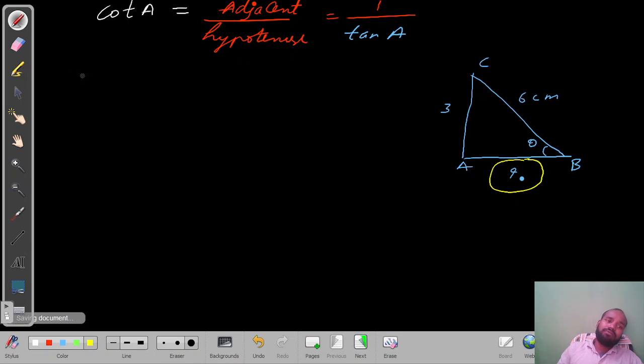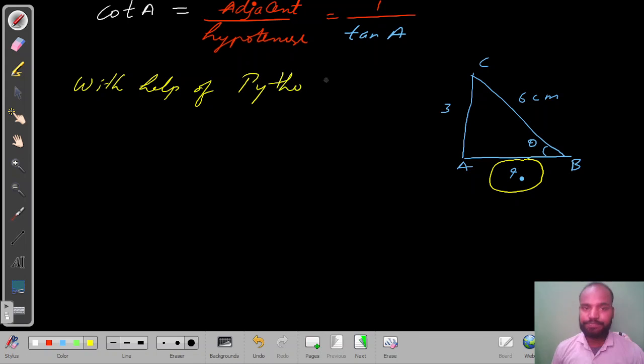With the help of the Pythagoras theorem, we are going to find this unknown value.